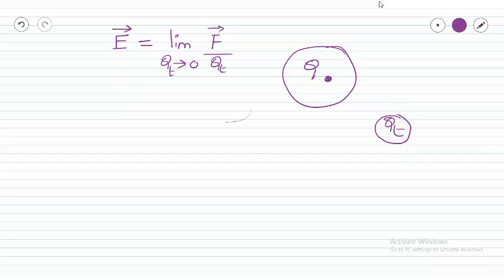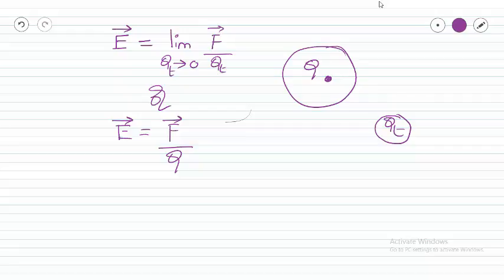But in general, most often, electric field is written simply as F bar by Q or Qt. So force per unit charge at any point in space is given by electric field intensity.